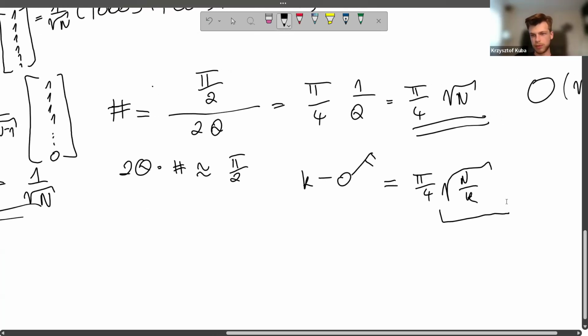Please remember this formula because it will be on the assignment definitely.